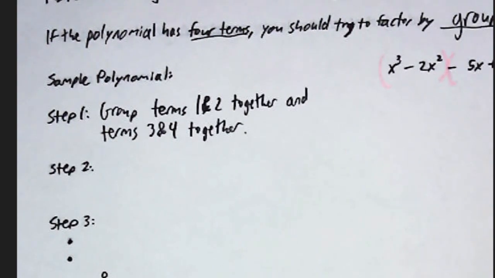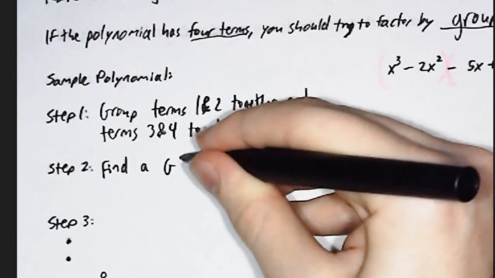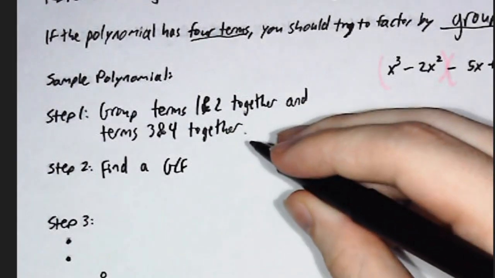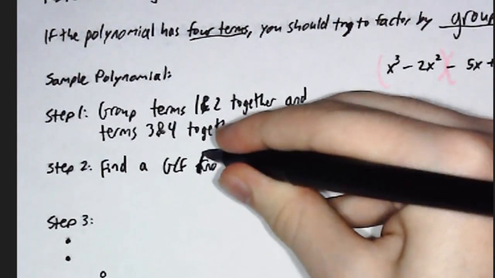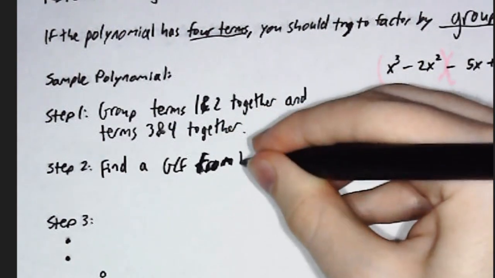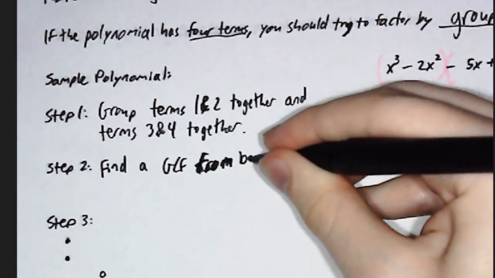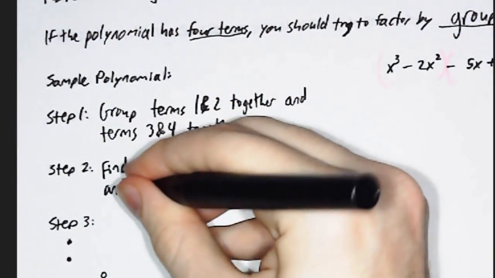Okay, step 2 is to find a GCF from both groups, and undistribute.